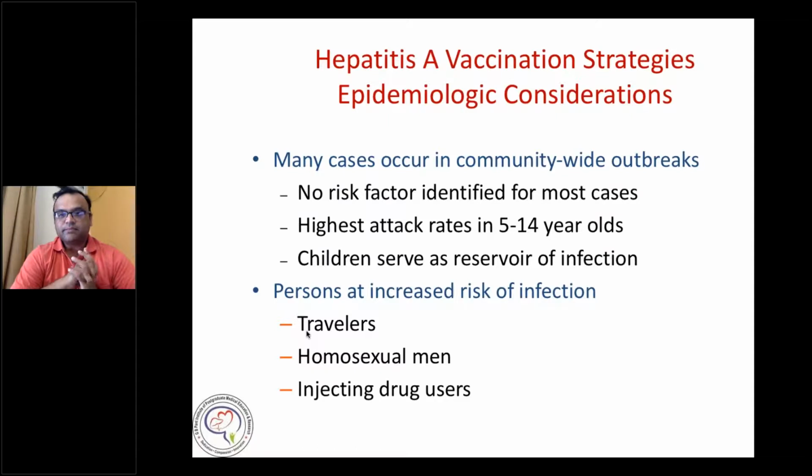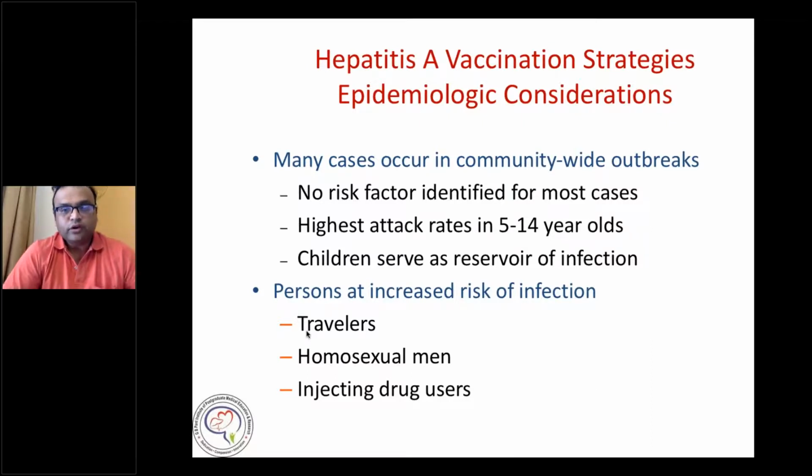So these are the subgroup of people who might benefit with vaccination. But as I told you, in our country, most of the people by the age of 5 years do acquire hepatitis A. So in infants and in early childhood, vaccination against hepatitis A is usually recommended.